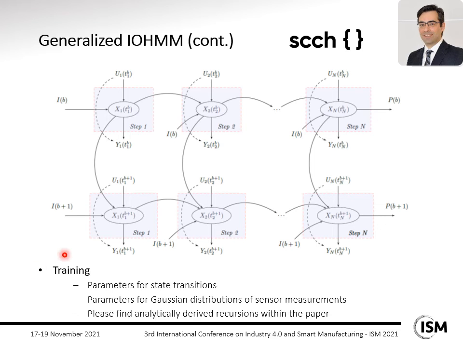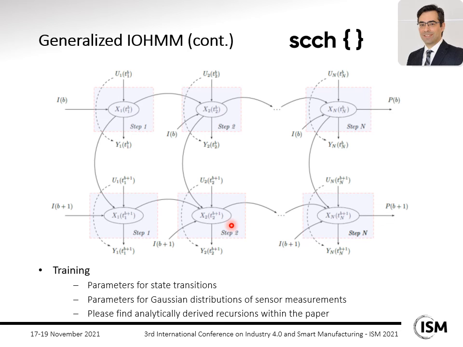For example, when there is a given state in step 1 when processing batch p plus 1, and there's also a given state in step 2 when processing batch p, then this combination of these two states may have different possible transitions to the state of step 2 when processing batch p plus 1.